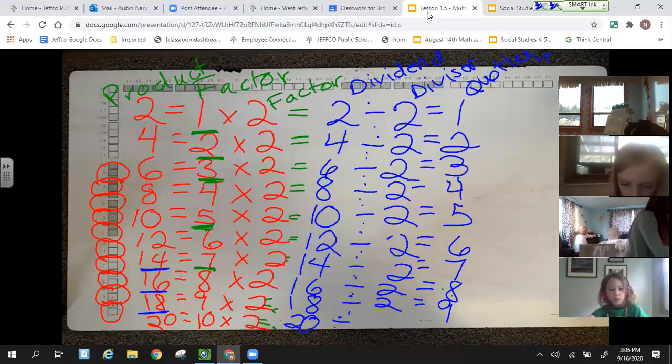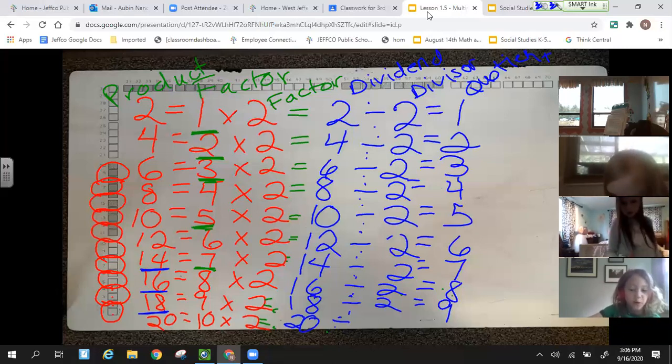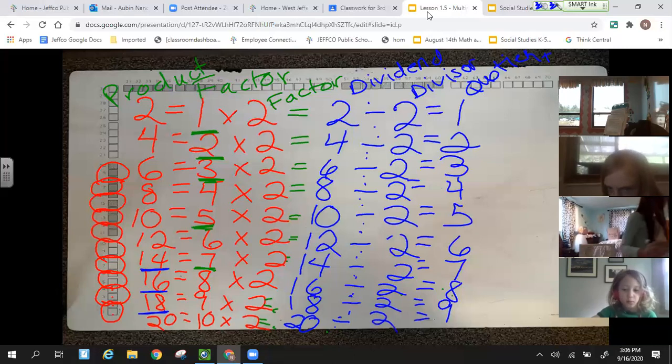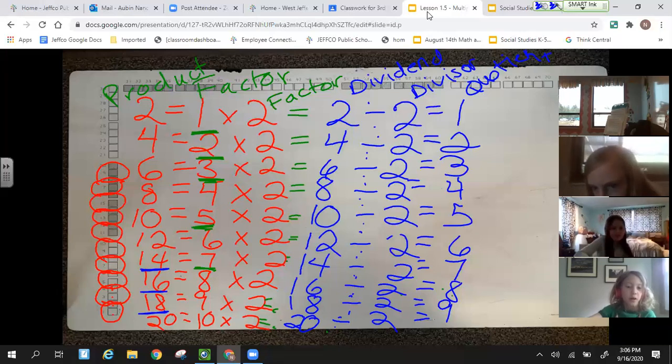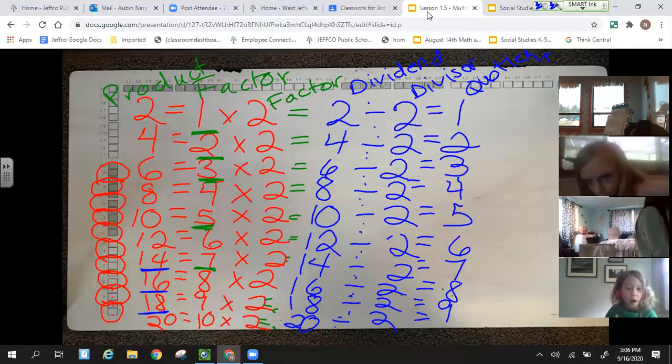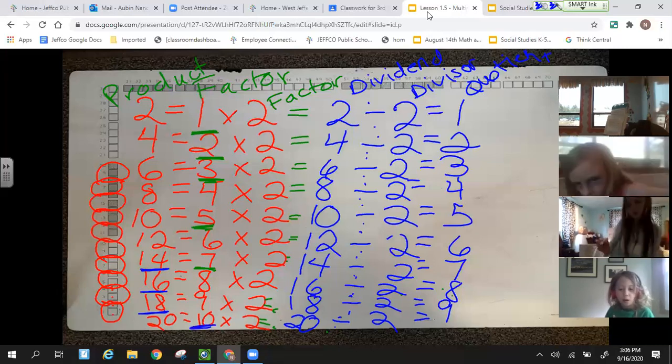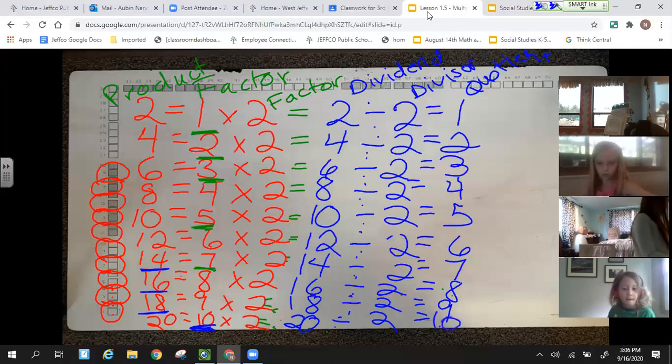Go for it, Gavin. 22 divided by 2. What is it equal, Gavin? 9. Look over here. If we know 20 equals 10 times 2, 20 divided by 2 equals 10.